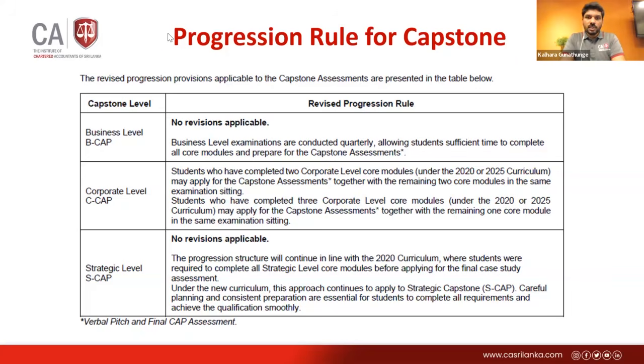For this June session we have given a concession: you can complete the power and integrity skills by the 10th of May. For the December examination session, you have to complete those self-assessments prior to the verbal pitch assessment submission.